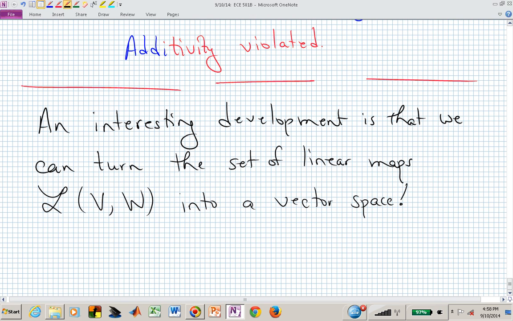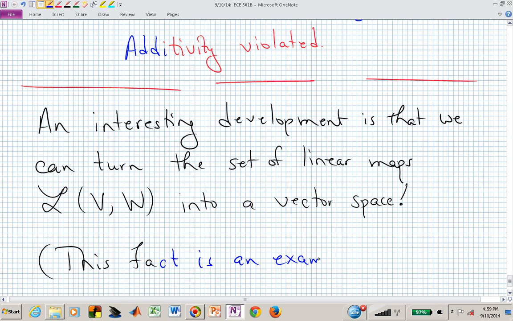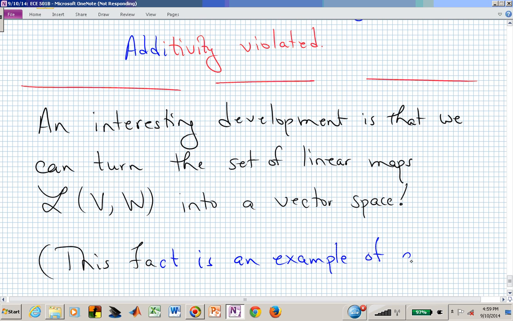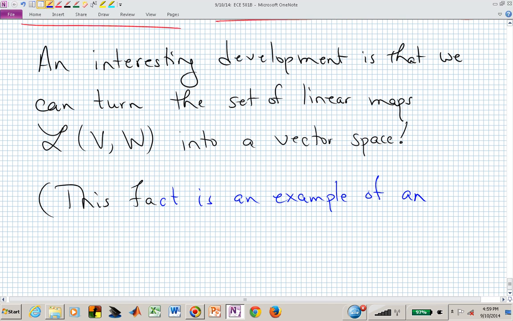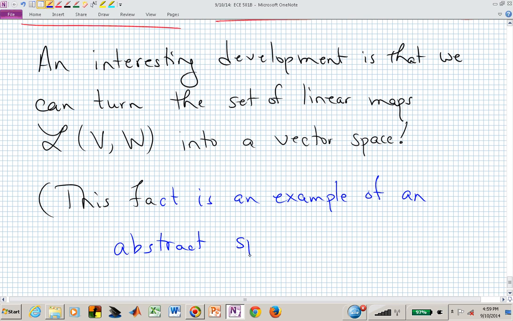What do we mean by that? Well, this is now creating an abstract space. This fact is an example of an abstract space.